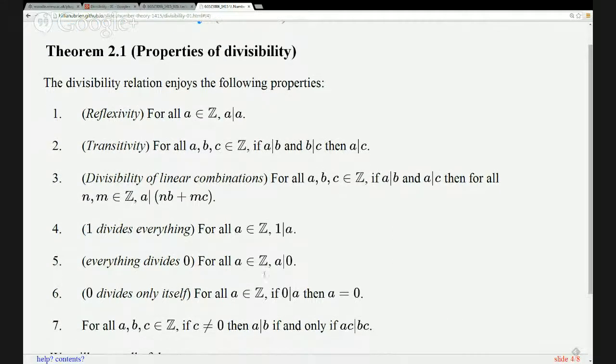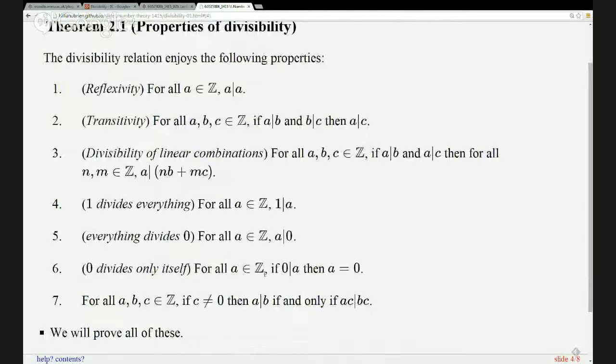So we need to know most of what there is to know about it. So straight away, we've got a substantial theorem with 7 different cases. And these are all important properties of the divisibility relation, okay? And as we go through the notes, we'll constantly be referring back to these.